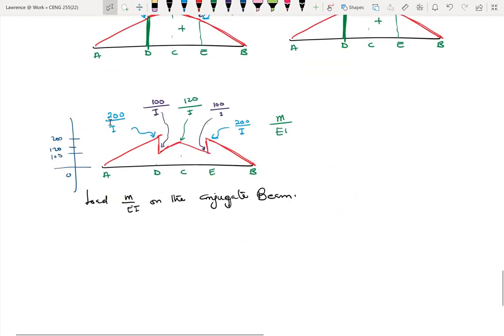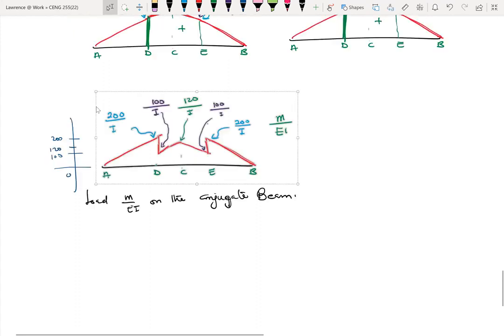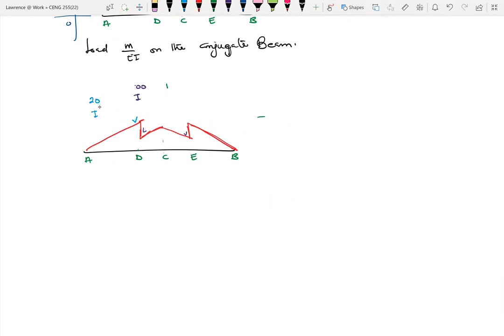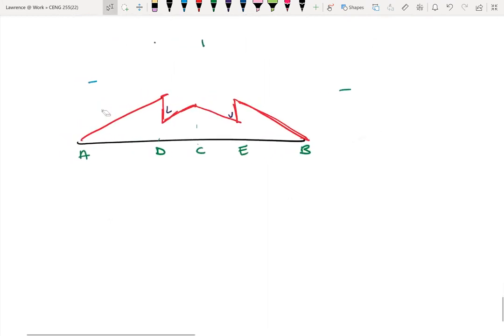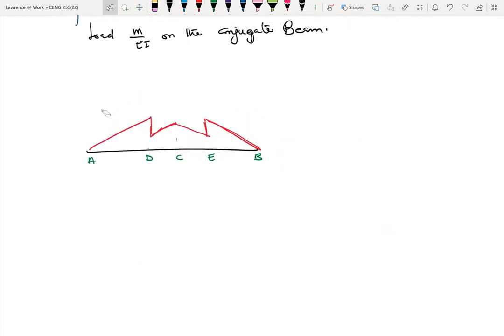So again, I'll draw this, but this time around a bit cleaner than before. I don't need to have all these plenty of arrows and stuff here. All right, so that's what we have. We know what the values are.